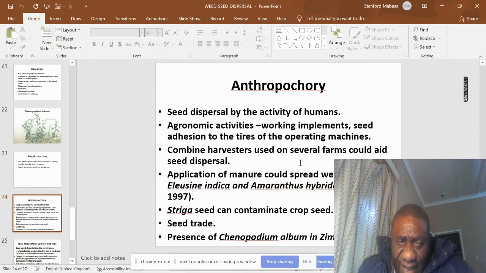So during seed trade, some of the weed seeds can actually be dispersed. For example, the presence of Chenopodium album in Zimbabwe was due to wheat seed movement from Europe. When farmers in this country were using that seed, Chenopodium album was introduced.